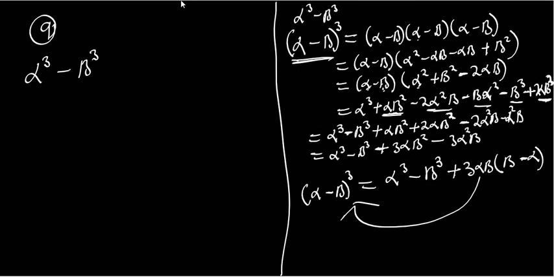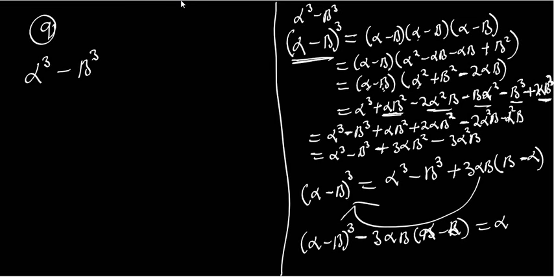So when I bring this side, I'll have alpha minus beta cubed minus there 3 alpha beta, so this is beta minus alpha, like that, or alpha minus beta, like that, right?